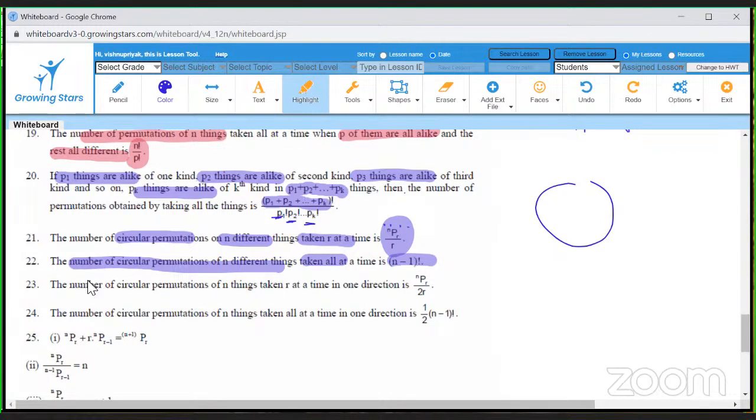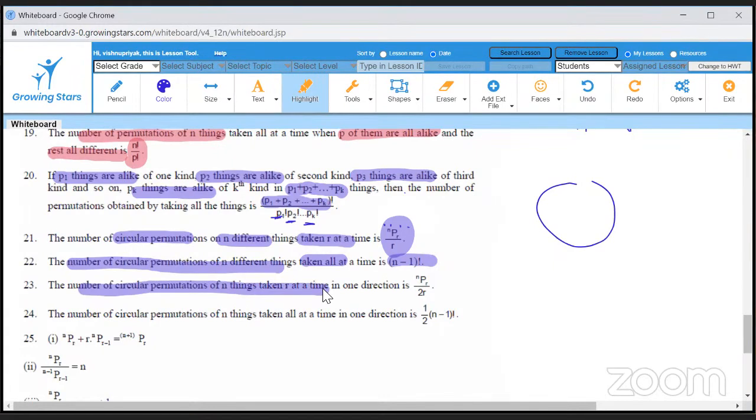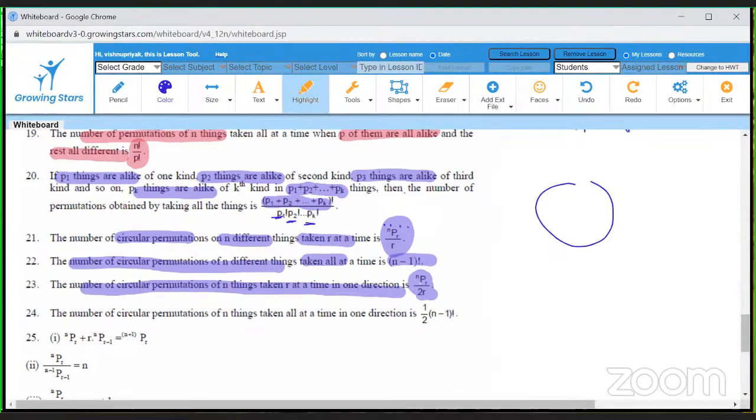Next is the number of circular permutations of n things taken r at a time in one direction. It is nPr by 2r.